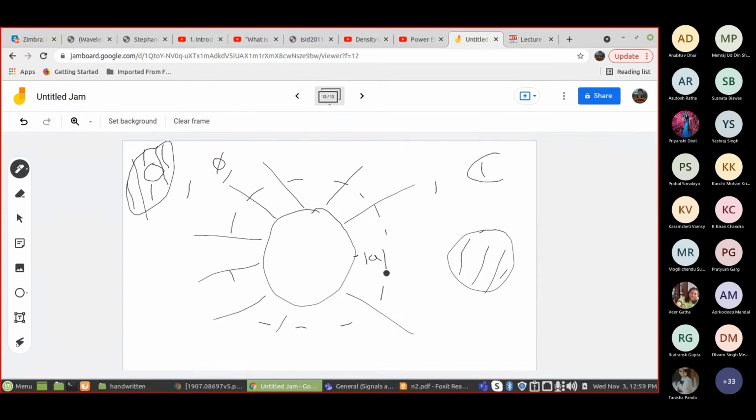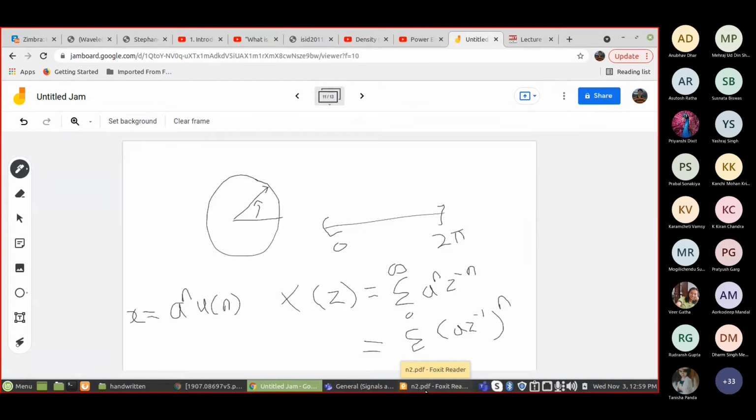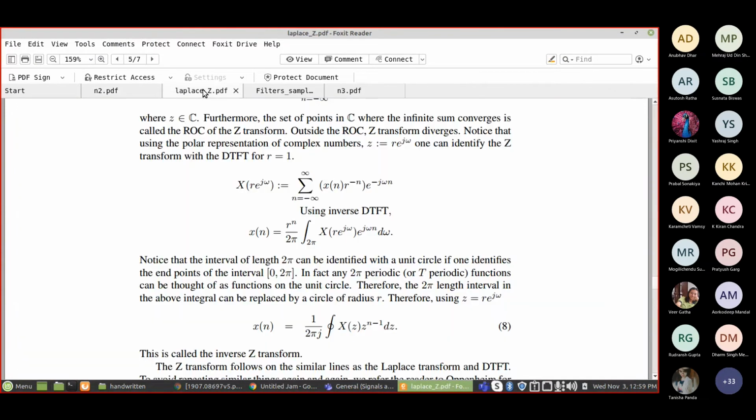Why is that? Because if you go to the definition of the Z transform here, and substitute magnitude r equal to 1, then you just get the DTFT. So for the DTFT to exist, the unit circle must belong to the ROC.